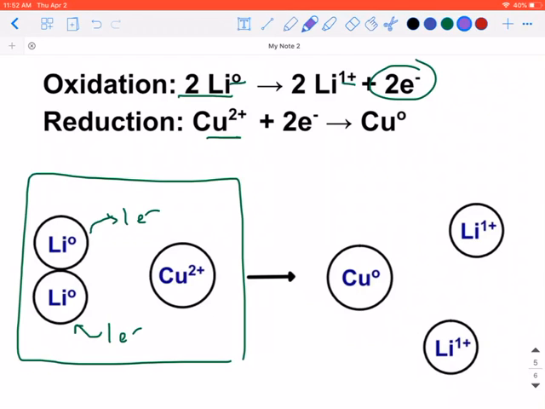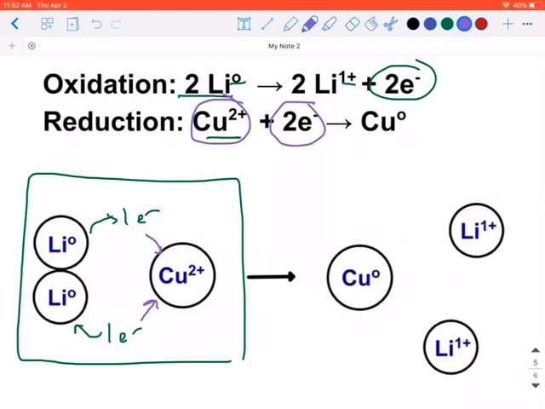If you look right here, it says that a copper 2+ ion is gaining those 2 electrons. So the electron that this lithium lost is going to go to the copper, and the electron that this lithium atom lost is also going to go to the copper ion.